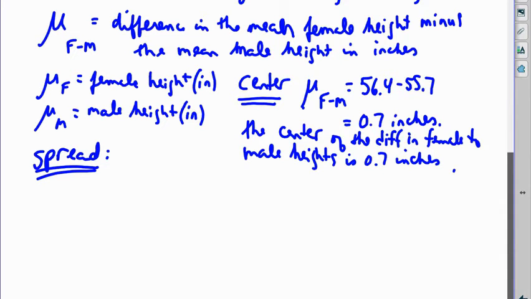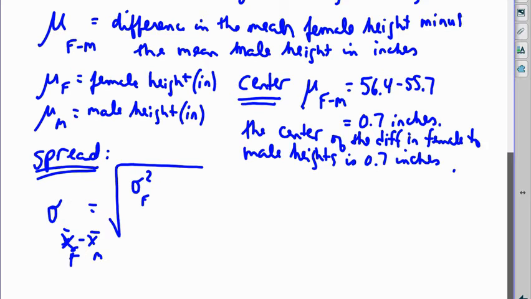Okay, so we go to the formula sheet, and it looks like this. Of course, I'm putting the F and the M in there myself. We take the female heights' variance over the n for the females, and add it to the male heights.